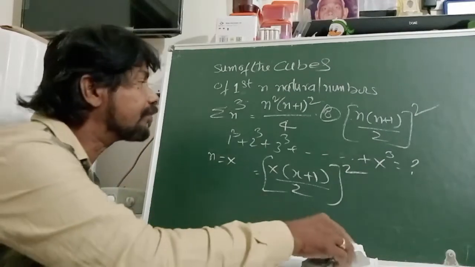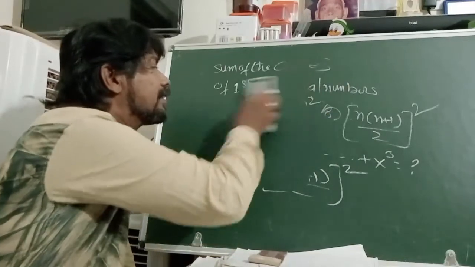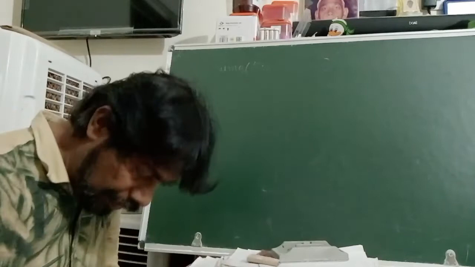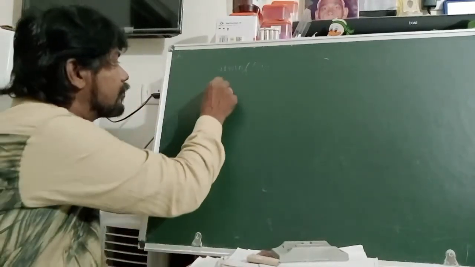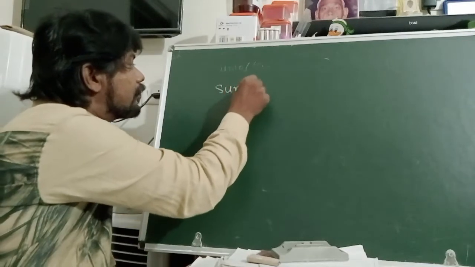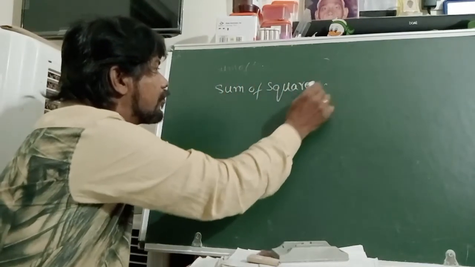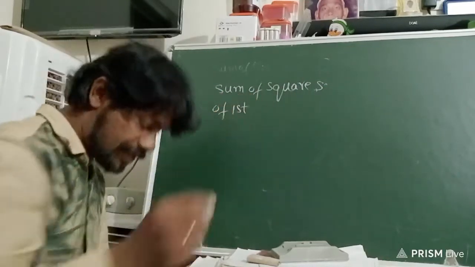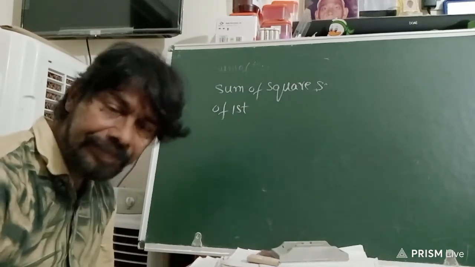Now we see the formula for the sum of squares of the first n odd natural numbers.